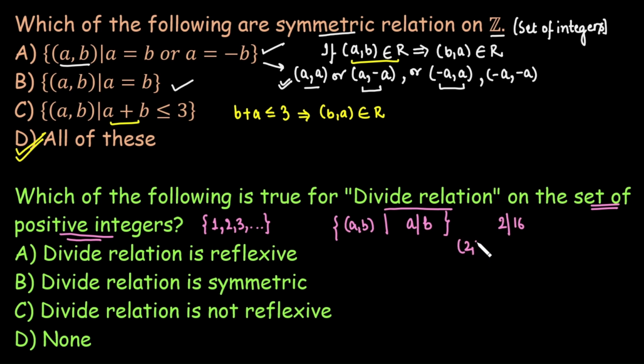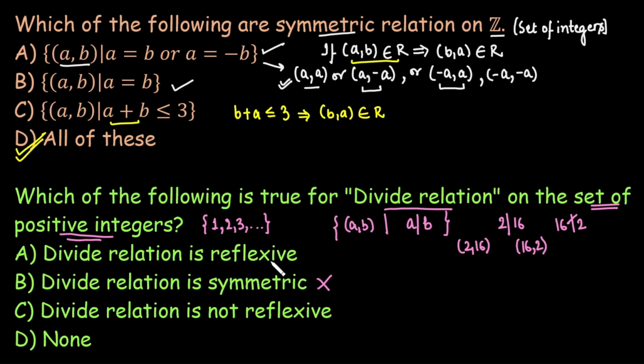So we will take the ordered pair (2, 16), but we will not take (16, 2), because 16 does not divide 2. Such an ordered pair is not there. It means it is not symmetric.